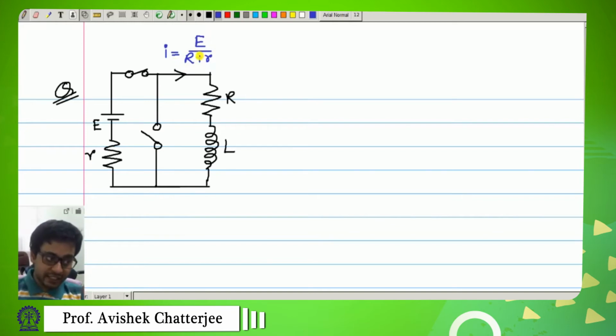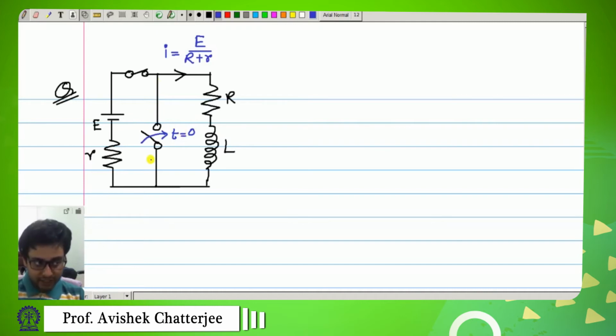Now at this state, suddenly somebody closes this switch, suppose at time t equal to 0. Then this circuit completely changes at time t equal to 0.